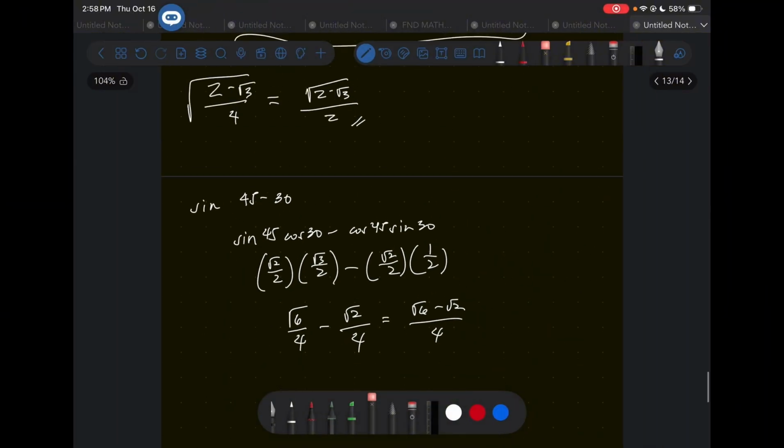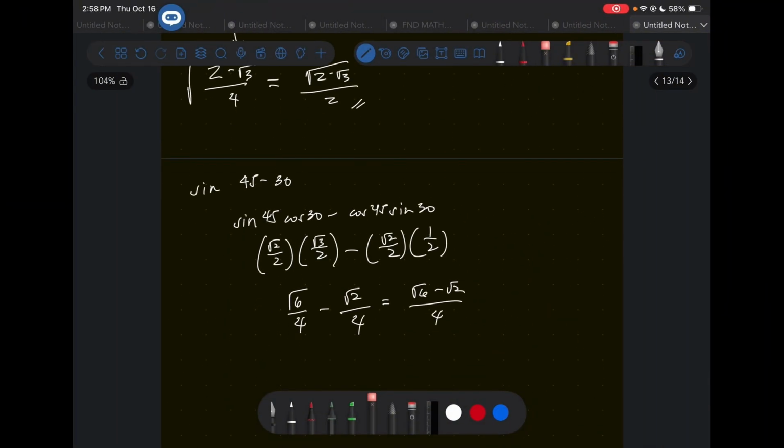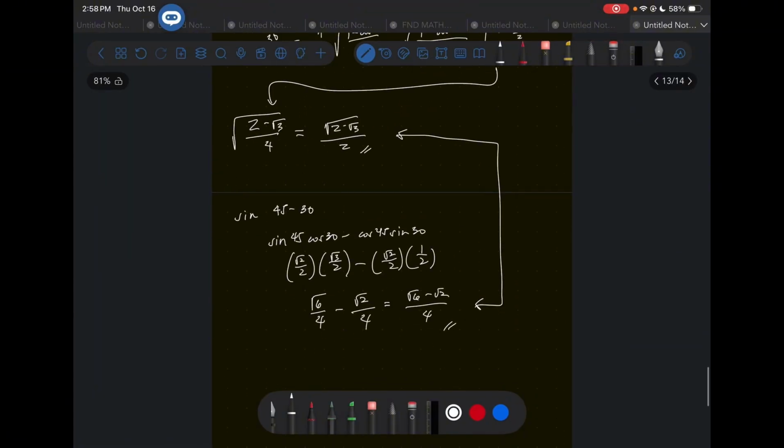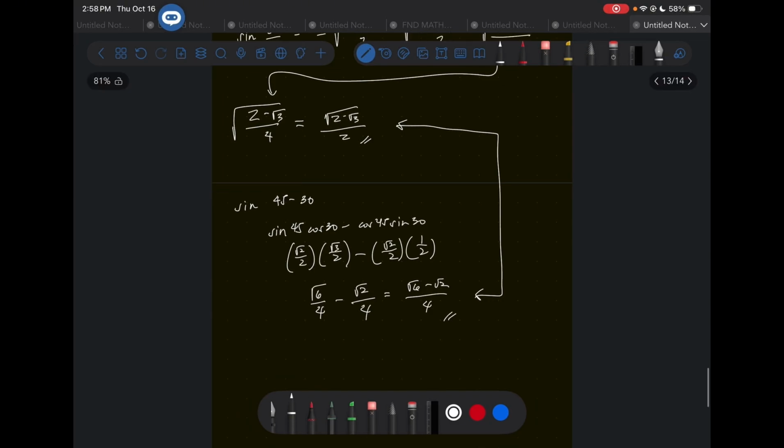Okay, but notice that we got different answers for sine 15. But remember, these two are actually just the same.